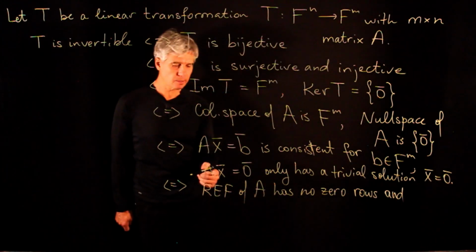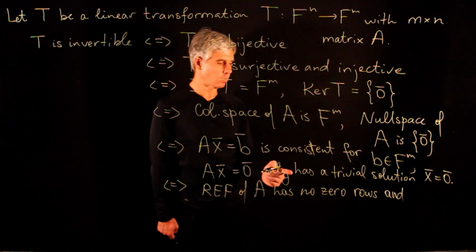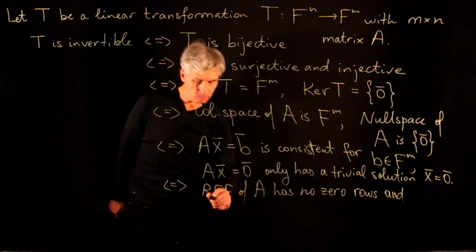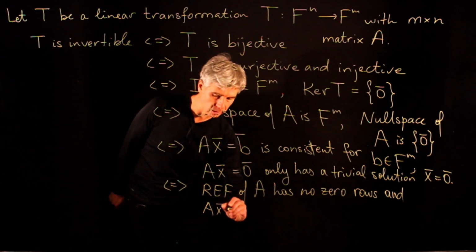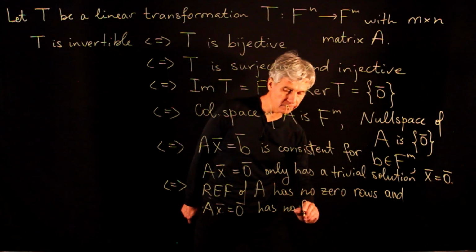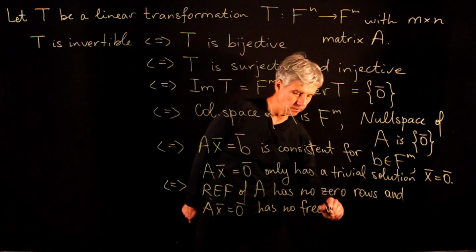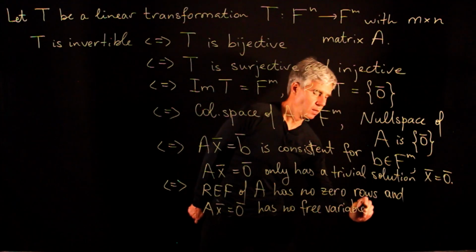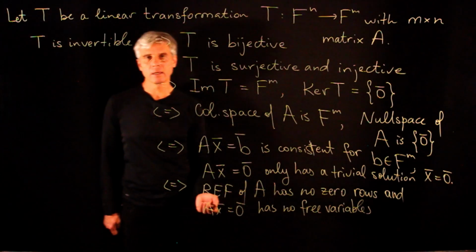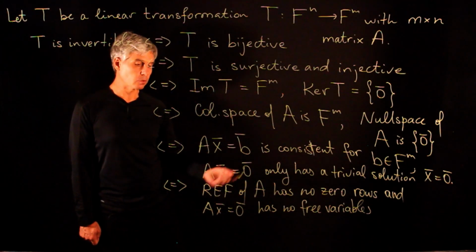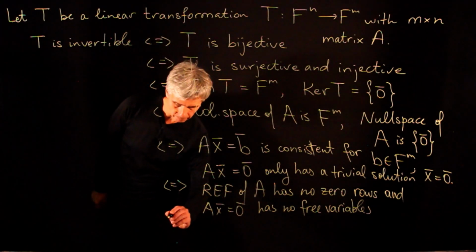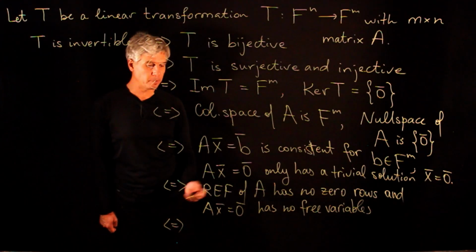While saying that the system AX is equal to 0 only has a trivial solution X equals 0 means that the system has no free variables. Because if we do have free variables, we can assign them any value, including non-zero values, and then we will get non-zero solutions.